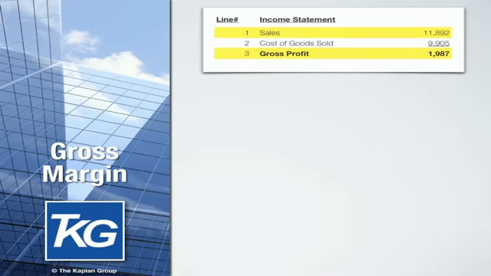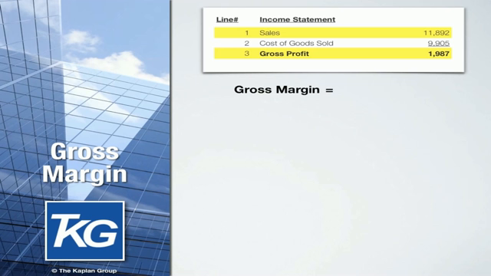Since the income statement is a measure of profitability, the first thing we want to do is analyze some of the profitability measures. The first one is gross profit, which is the profit the company made on sales after cost of goods sold. We are going to calculate the gross margin to look at profitability as a percentage.